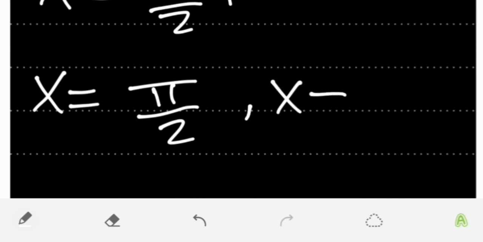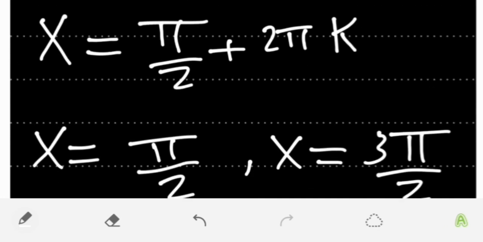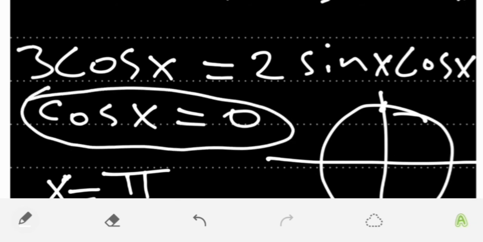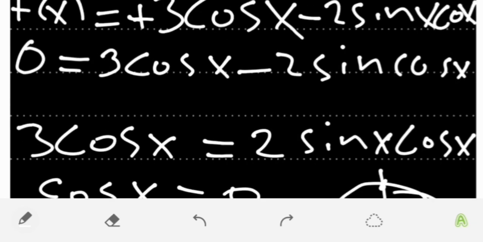So when x is equal to π/2, we have a point that we need to discuss if it's a maximum or minimum, and the second x is 3π/2. Remember, why is that? Because these are the conditions for cos x = 0. And why is that?